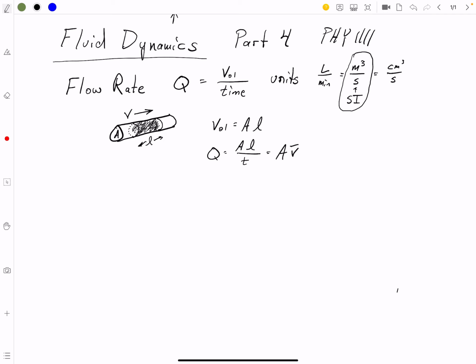But the average shows up as the bar above the v. You don't need the bar, but it's nice to have. But we can just say this, and whether you have a line over the top or not, that's fine. But that's the truth.